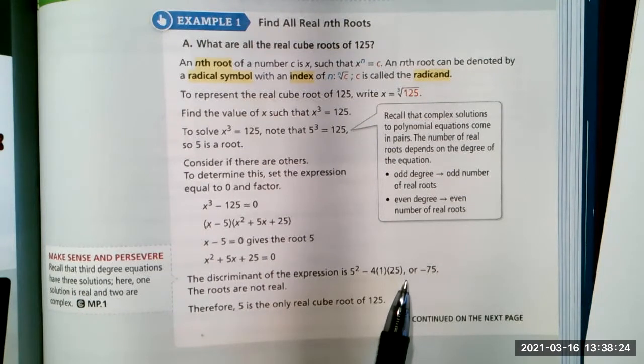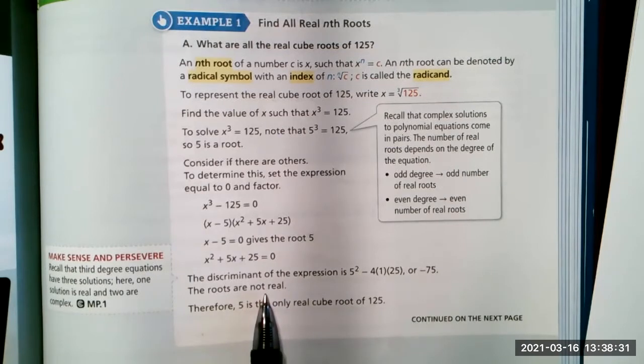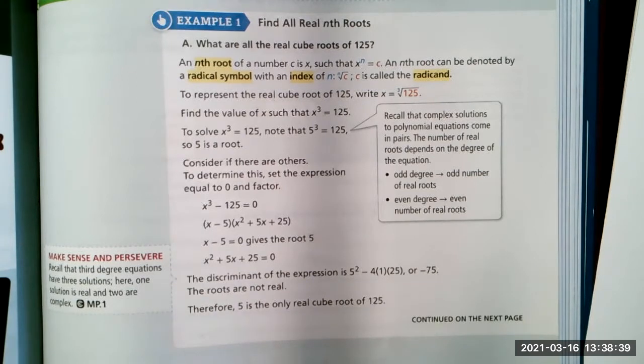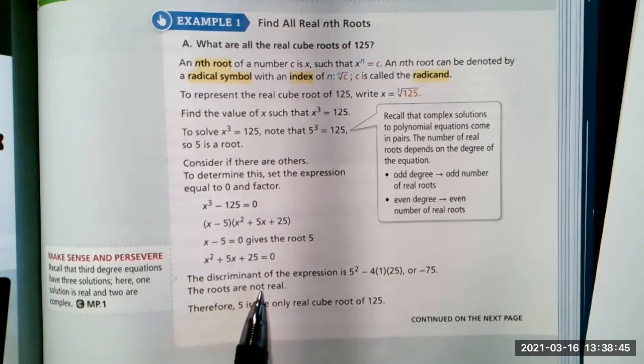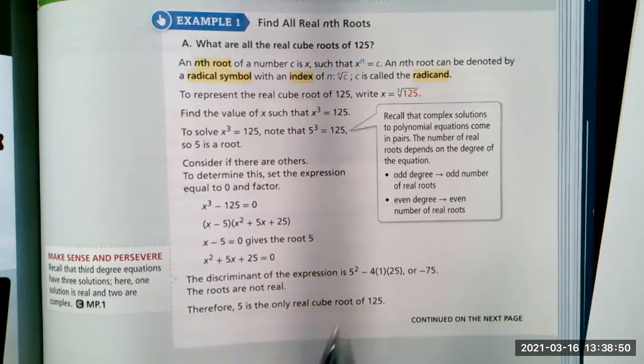If it's 0, there's 1 root. If it's negative, which in this case, that discriminant is negative, then the roots aren't real. They're imaginary, which again, I don't want to get too deep into right now. That's more of a pre-calculus thing. But what that discriminant is telling me, because once you plug it in, it gives me a negative value, is that there's no other real roots. So therefore, 5 is the only real root of 125.